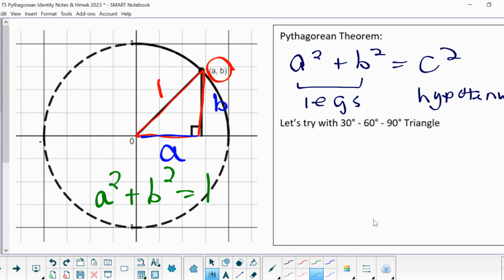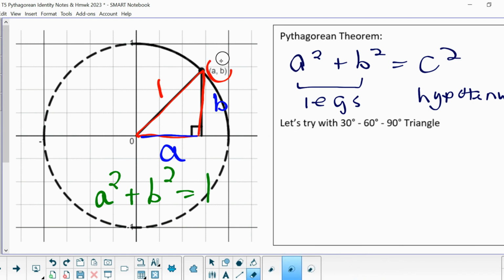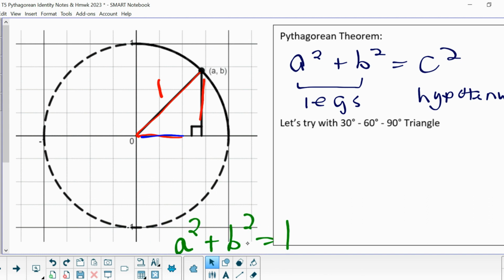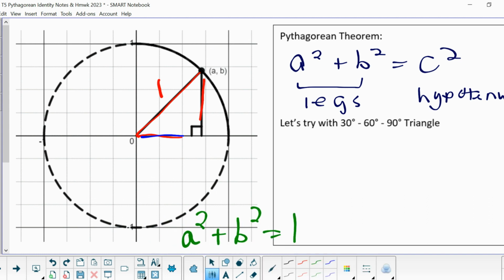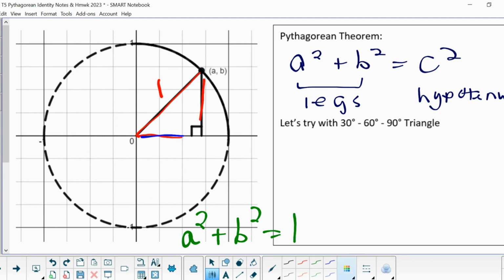So now we're going to do this same process, but we're going to think of my triangle, let's say, being a 30, 60, 90 right triangle. So let me actually erase a little bit of this here and move the green identity part out of the way. If this is a 30, 60, 90 right triangle, we'll call this a 30, and this is the 60.